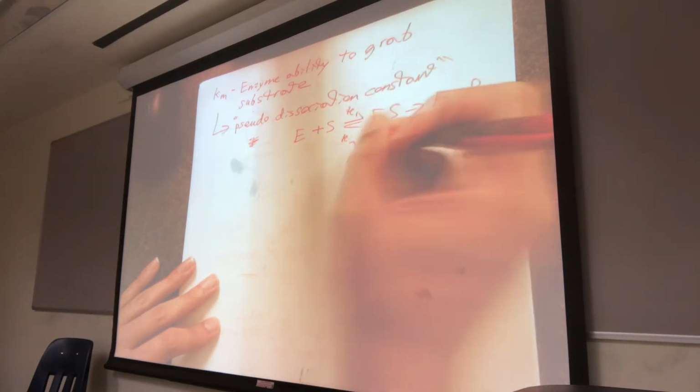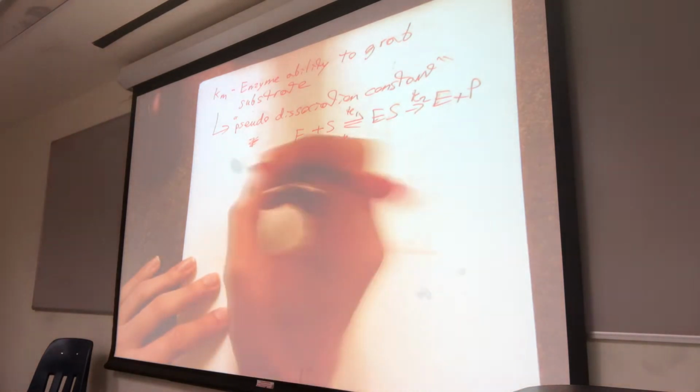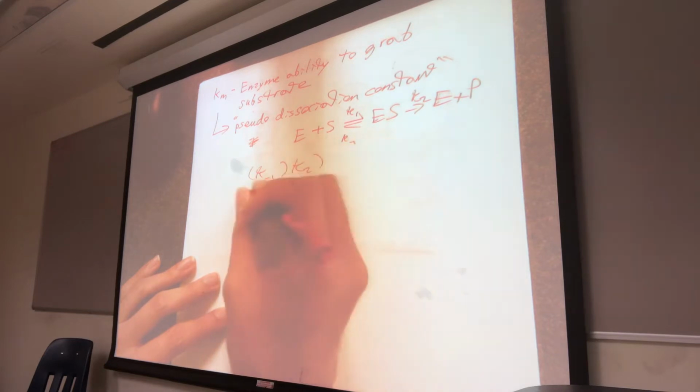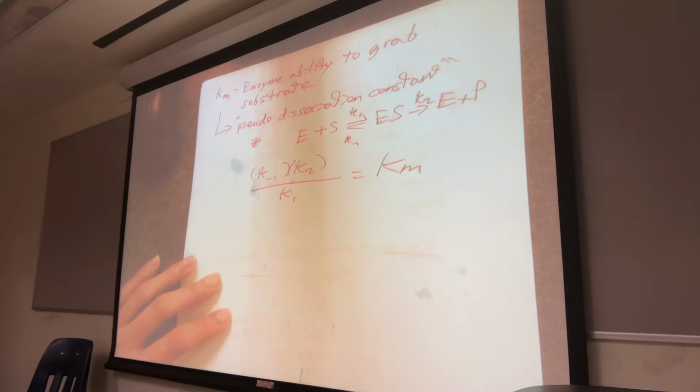K1, K minus 1, K2. What is it? I think it is K minus 1, K2 over K1. Some combination like this is the actual value of Km.